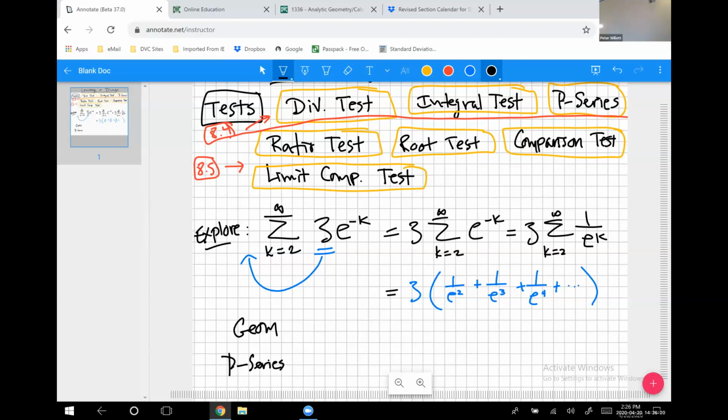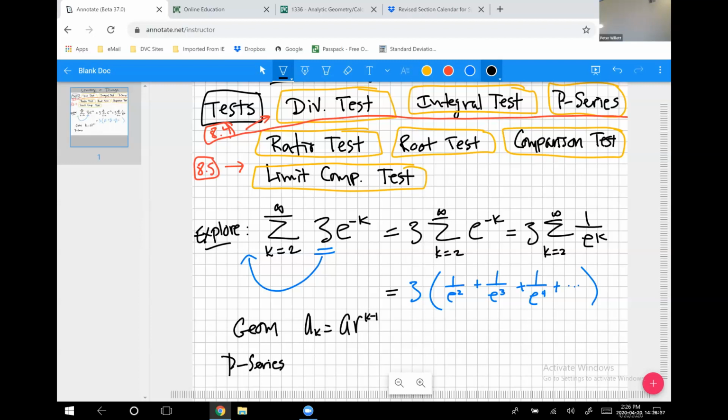So geometric means it's something of the form where you keep multiplying by some number r, and we even had a formula for that, where basically a sub k would be whatever the first term is times r to the k minus 1.